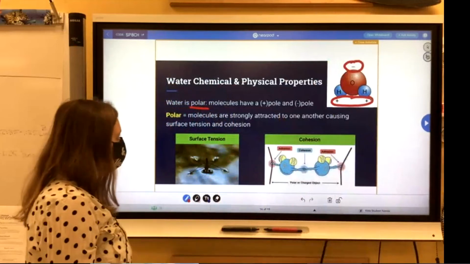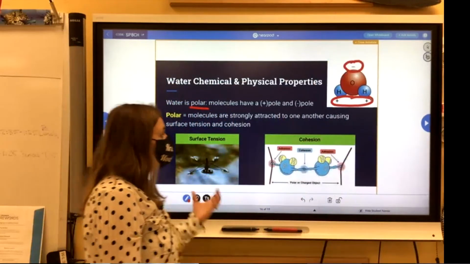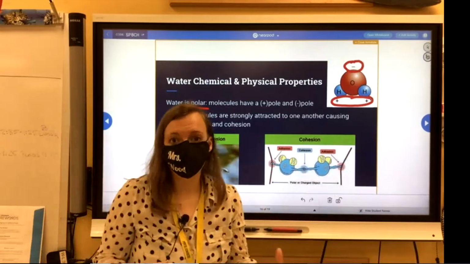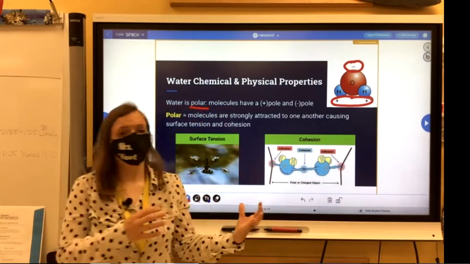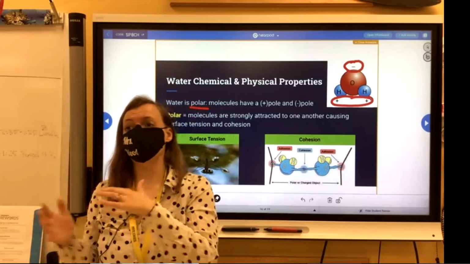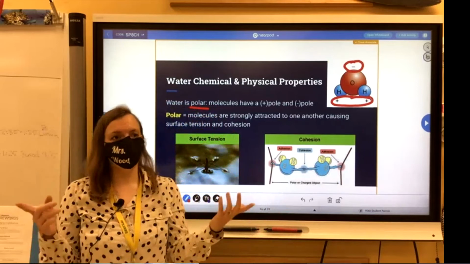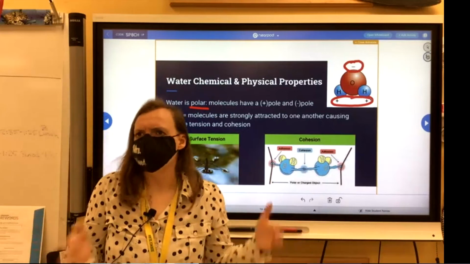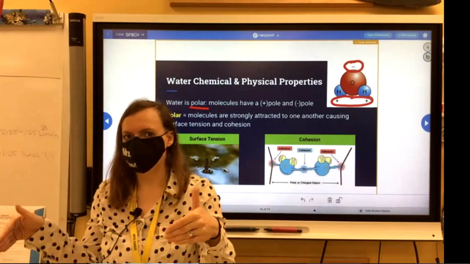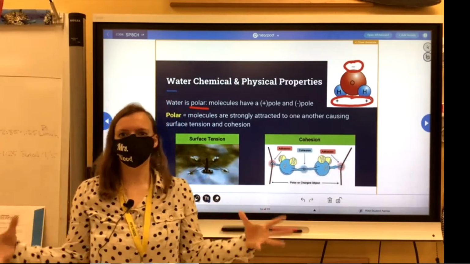Why is that important? Well, this means that part of the molecule is a little bit negative, and another part of the molecule is a little bit positive. And remember, we learned in our last unit, or you knew this before, opposites attract, right? Opposite charges are going to attract.